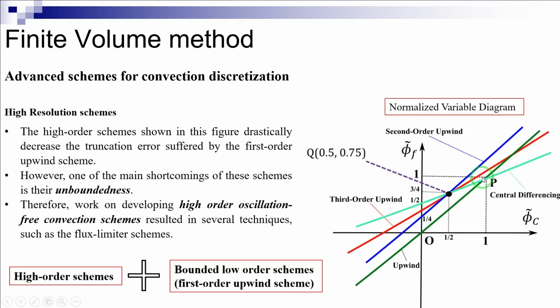It should pass through the upper triangular region in the monotonic range, for phi tilde c between 0 and 1, and for phi tilde c larger than 1 and less than 0, the functional relationship should be equal to phi tilde c.